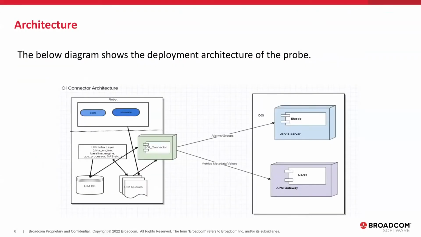This is the architecture of the OI connector. Till 1.42, we used to recommend deploying the OI connector primarily on the primary hub and any robot attached to the primary hub. With the latest certification, we made the OI connector available on the secondary hubs too.